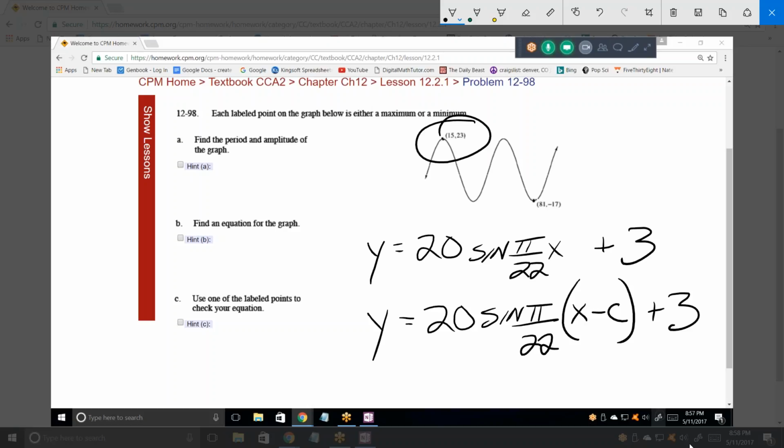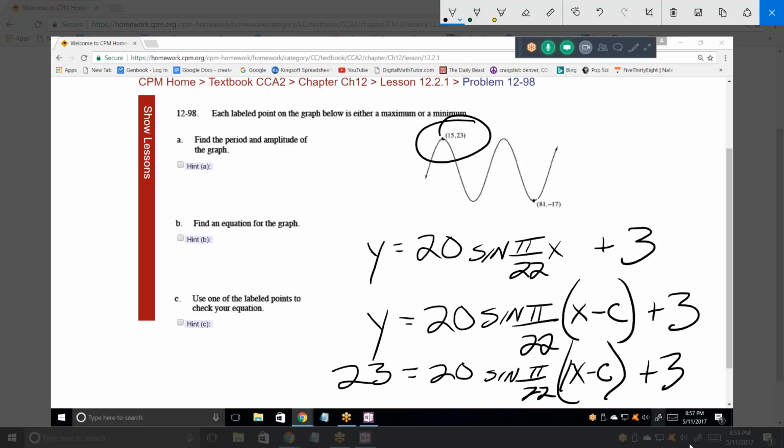In other words, if I put the point in, 23 equals 20 times sine of pi over 22 times x minus c, plus 3. The x point needs to be 15. And I'll be able to solve for c. This whole thing needs to be 11 to make this thing pi over 2. So c would have to be 4.